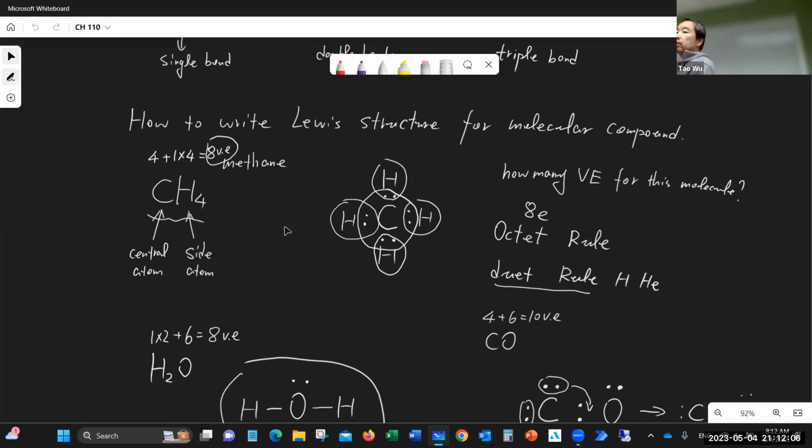Those are all paired electrons, so you shouldn't see a single electron showing up there. That's why the valence electron count is an even number.